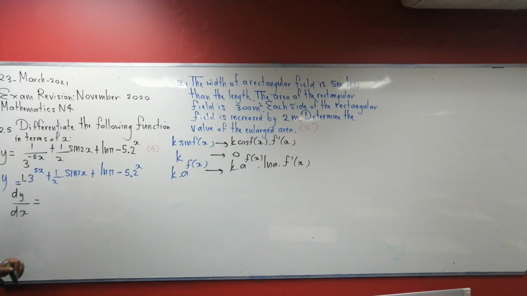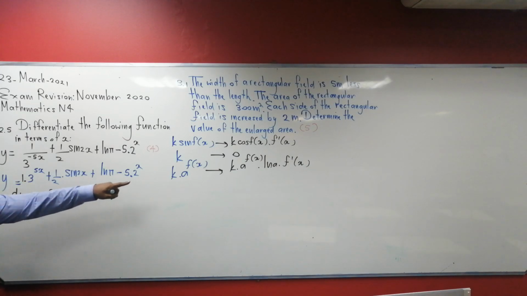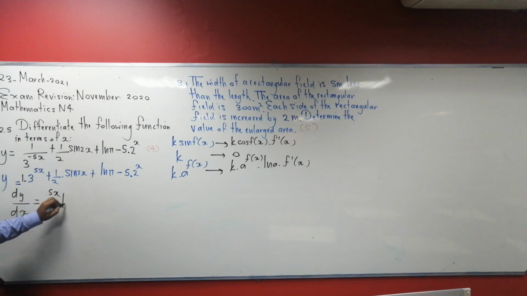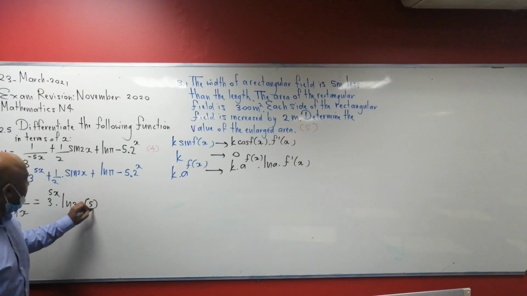So the derivative of 1 times 3 to the power 5x is 1 times 3 to the power 5x times the natural log of the base, so that's ln of 3. And then at the end is always f prime x, which the formula sheet does not show you. So do not rely on the formula sheet. The derivative of 5x is 5.